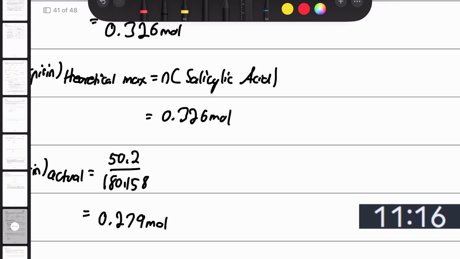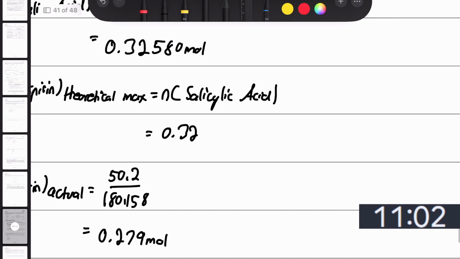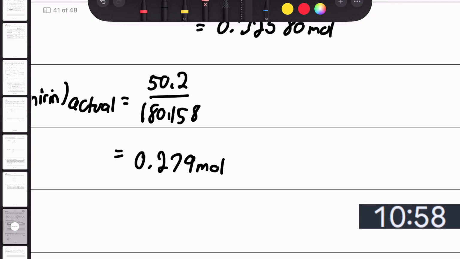I'm going to quickly redo these with a few more decimal places. 45 over 138.121 is 0.32580 moles.